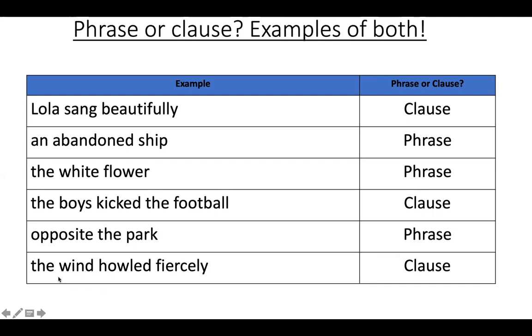And finally, the wind howled fiercely is an example of a clause because the subject and the verb are part of this example. The wind being the subject and howled being the verb. So therefore that last one is an example of a clause.